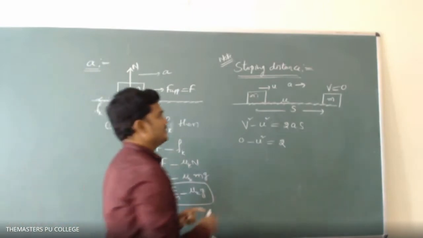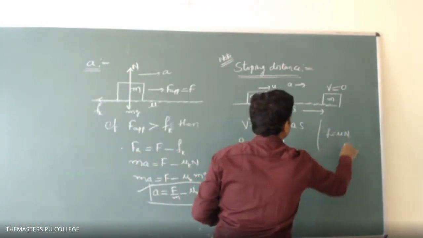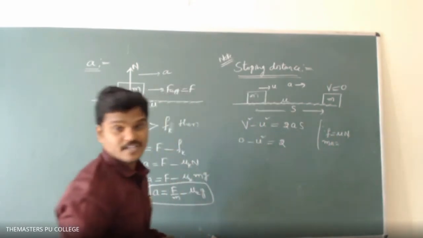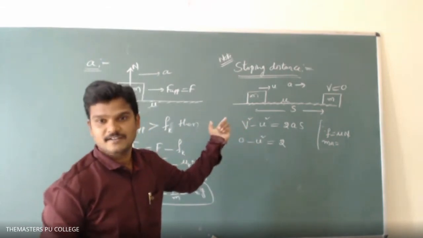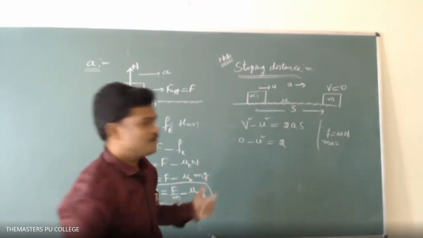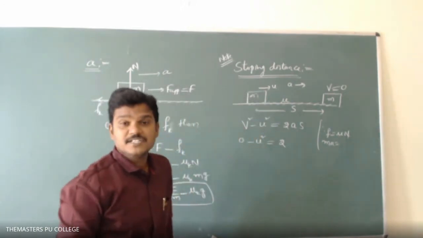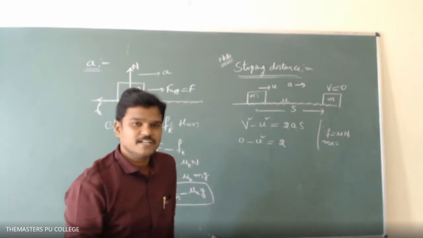Otherwise, F is nothing but what? The regular formula, F is equal to mu N. Here, because the applied force is not there, the frictional force is balanced by ma. I think you know, in static friction, the applied force is proportional to static friction or not? Remember yesterday's topic.